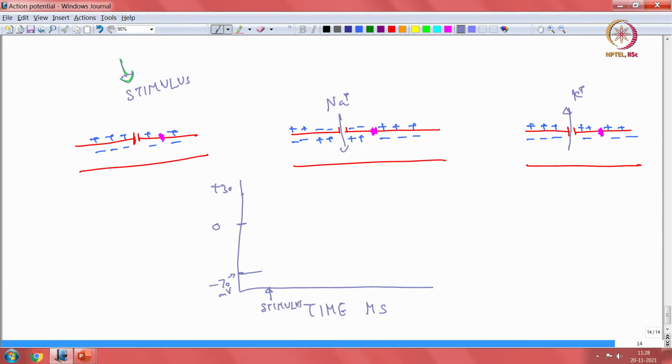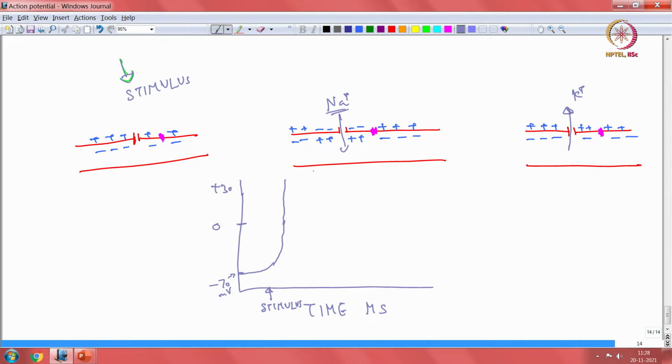So, what happens with the stimulus is the sodium ions get into the cell. That causes a reversal, causes first a neutralization of the charge. So, it goes up to 0, but it continues along the concentration gradient, changing the potential to plus 30. Next, what happens is the potassium channels open.